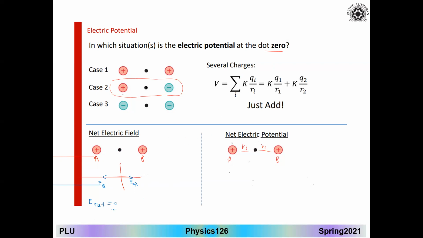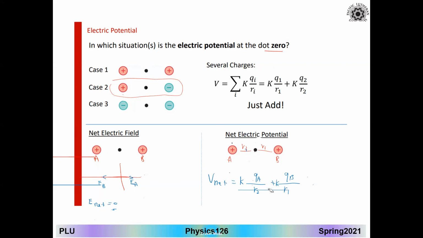In electric potential, it's different. The total or net potential is basically straightforward: K QA divided by R2, sorry, call it R2, plus K QB divided by R1.